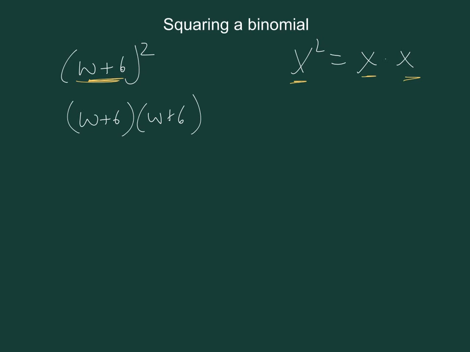Now, what we do here is we do a foiling method. So we would do the first terms here. So first, which is w times w, so w squared, plus, let me put that actually in red, which is w squared, plus outer terms, okay, so O for outer, and that's w times 6, so 6w, plus, and then we're going to do inner terms, which I'll do in green, so here's I, which is going to be 6w as well, because 6 times w.